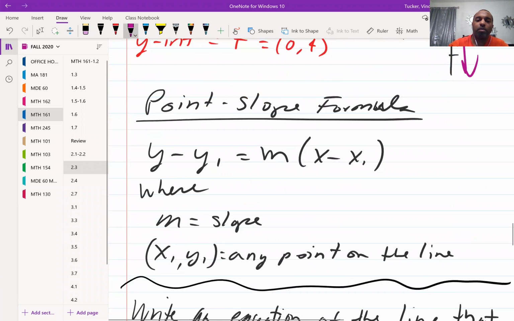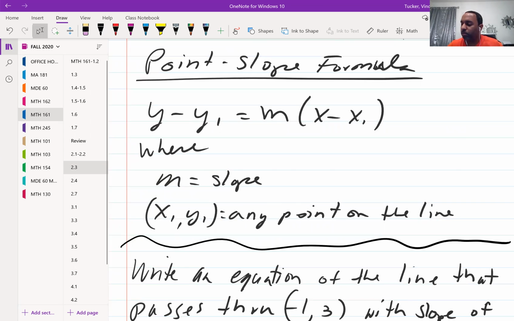All right. We have our point slope formula: y minus y1 equal to m times x minus x1, where m is our slope and (x1, y1) is just any point on the line.